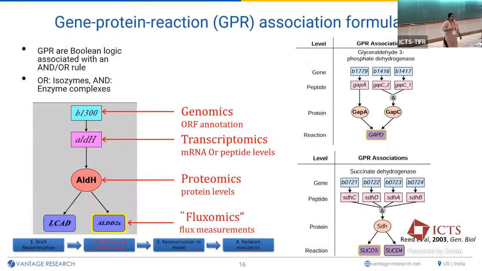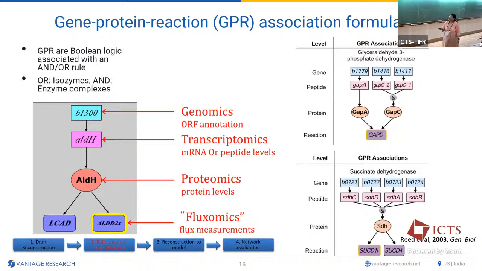Right. This is another layer of information that we feed into the metabolic model, which is what we call the gene protein reaction association. When you are using your genome annotation data, you also have to include the protein for which the gene is encoding. And finally, if the protein is an enzyme, what is the reaction that is getting catalyzed by the enzyme? All of this information is encoded in the form of Boolean logic using AND/OR relationships.